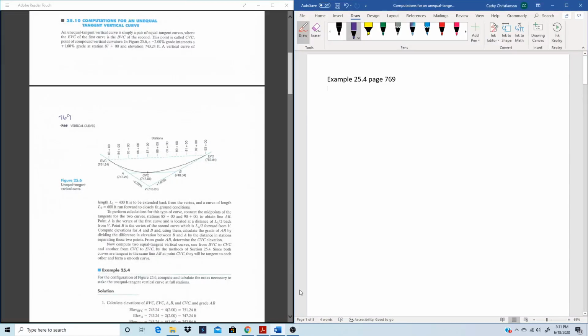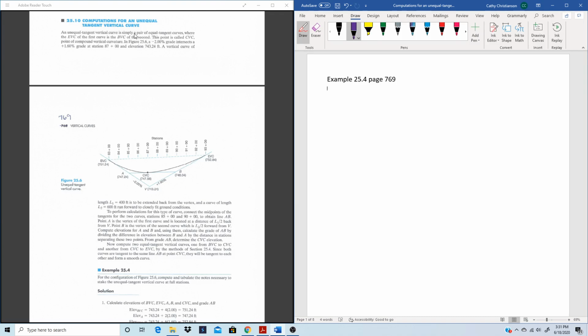Alright, so I went over this Monday. This is an unequal tangent vertical curve. And what that means is just simply a pair of two equal tangent curves. So once we get the curve set up, then we can solve them just like we did an equal tangent vertical curve.